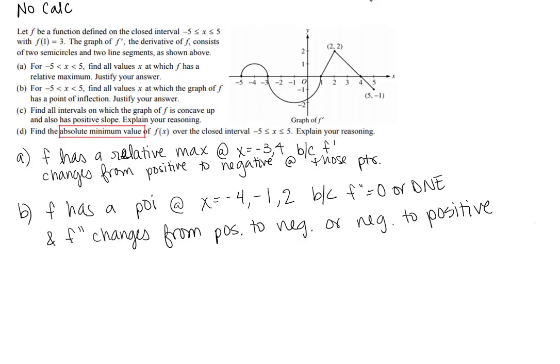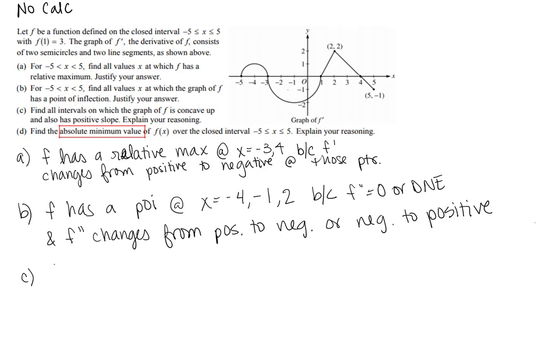Part C is two-pieced, so we want all intervals on which the graph of f is concave up and also has a positive slope. So let's start with the beginning, concave up. We know that f is concave up when f prime is increasing, or when f double prime is going to be positive.